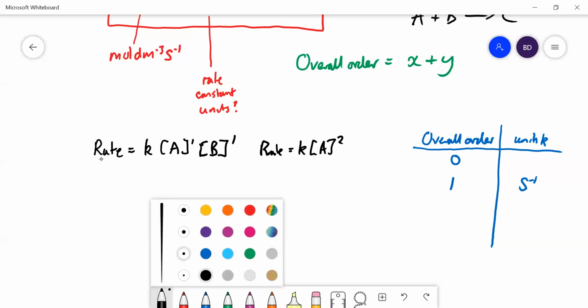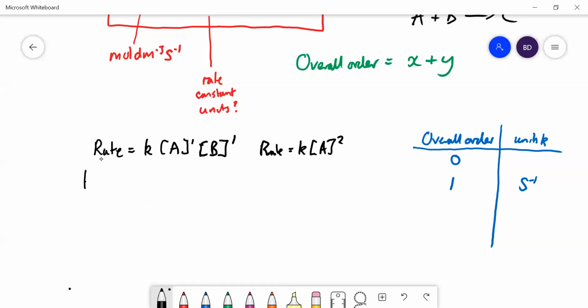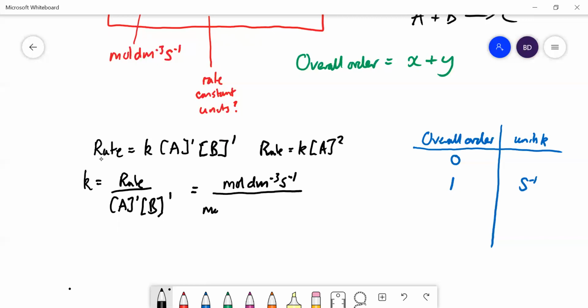Rearranged to get K, K is rate over A to the 1, B to the 1. The units of rate of reaction are always mole per decimeter cubed per second, and we're going to have mole per decimeter cubed on the bottom, multiplied by mole per decimeter cubed, because of the concentration of A and the concentration of B.